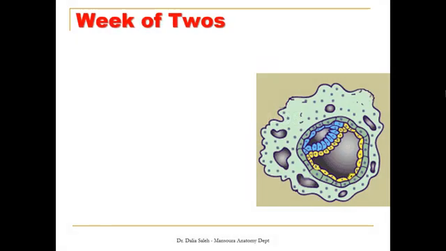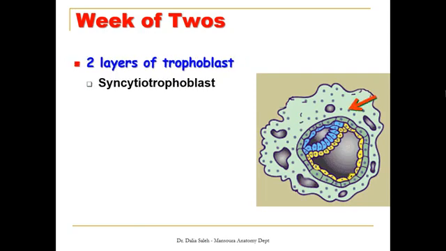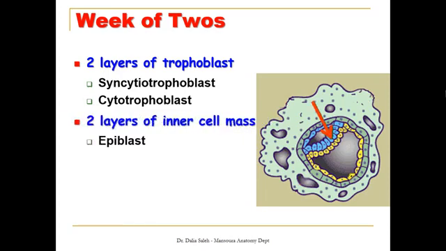So to summarize the events that take place at the second week of development, we call it the week of twos. The trophoblast will differentiate into two layers, outer syncytial trophoblast and inner cytotrophoblast. The inner cell mass will differentiate into two layers, epiblast and hypoblast.